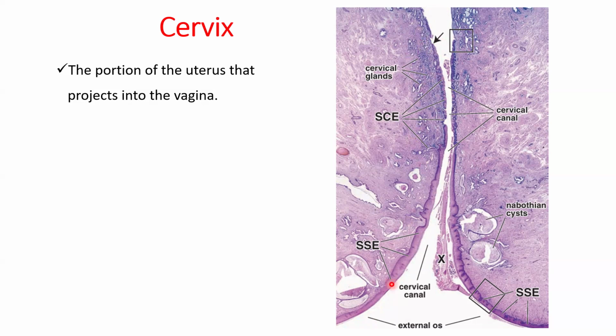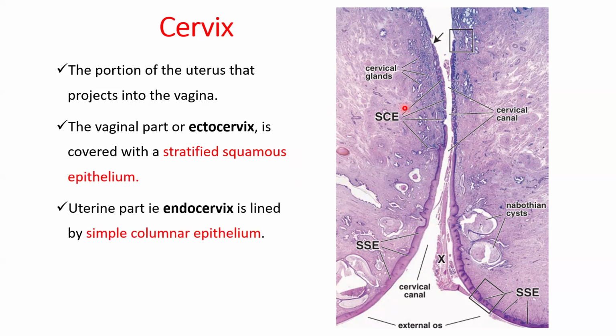The endocervix contains simple columnar epithelium, the same epithelium that was in the uterus. The ectocervix, which is here, is lined by stratified squamous non-keratinized epithelium.